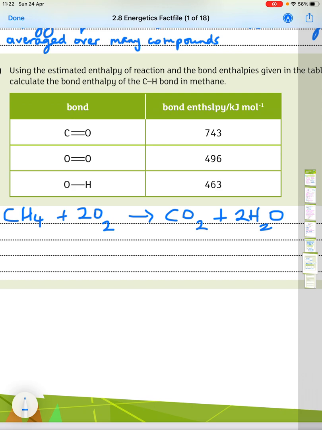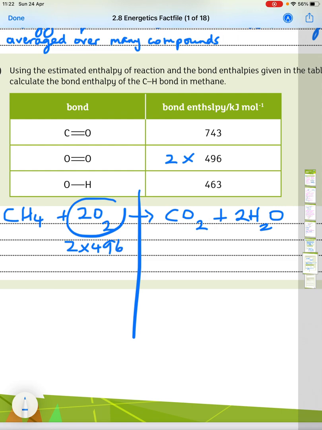And if we look at the bonds being broken, which we know there are 2 of, so 2 times 496.